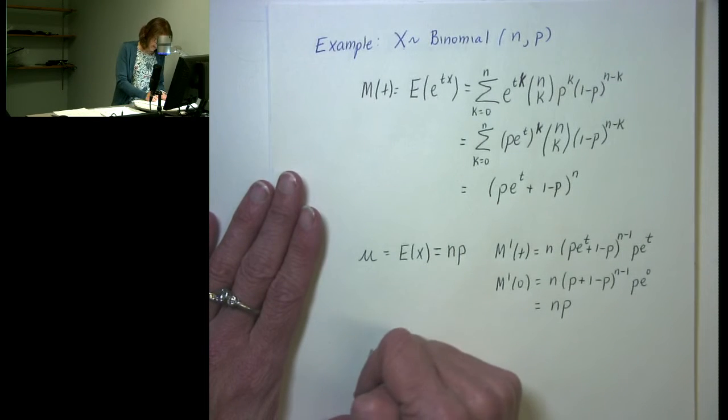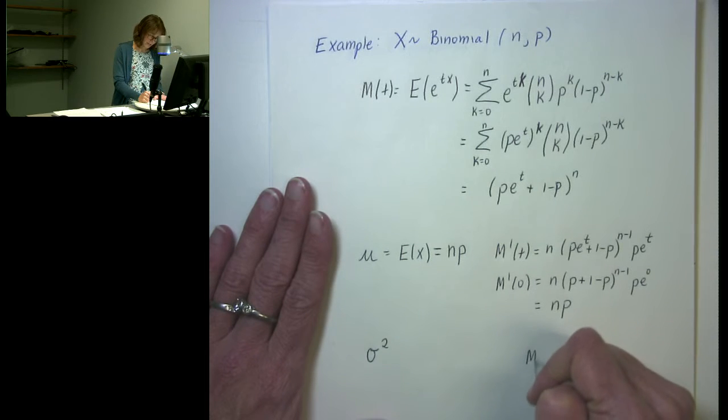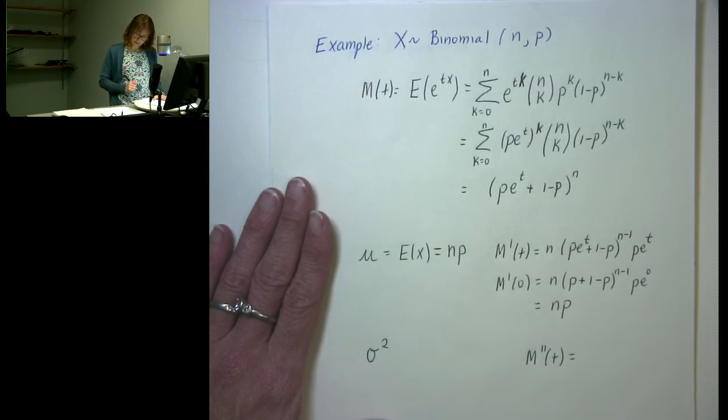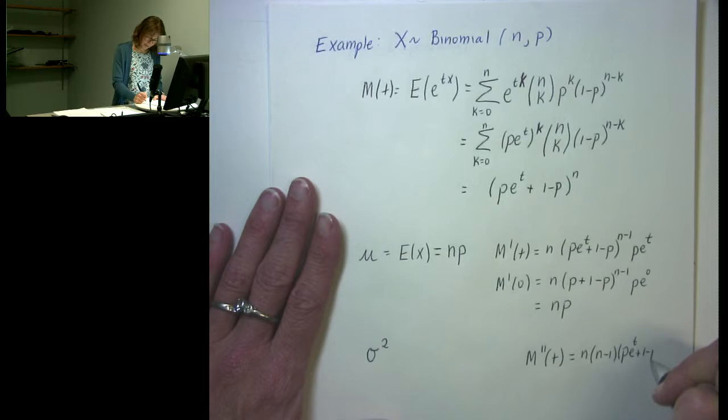Now if I want to find the variance, I'm going to start by finding the second derivative of the moment generating function. This is going to be n times n minus 1 times p e to the t plus 1 minus p to the n minus 2.